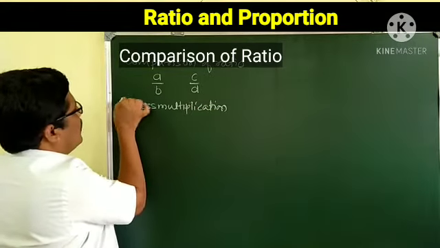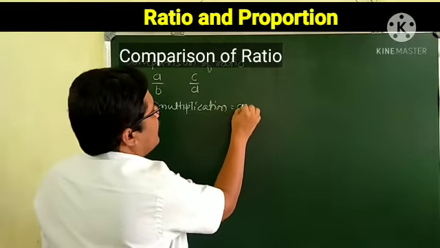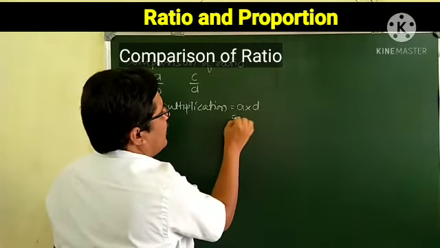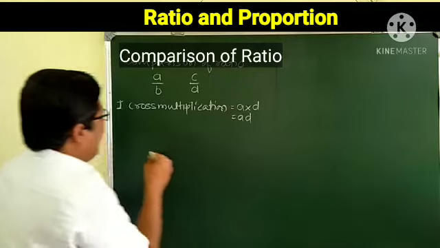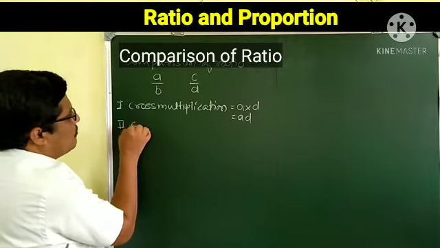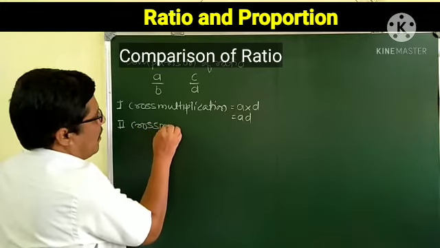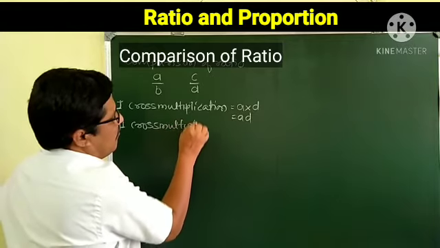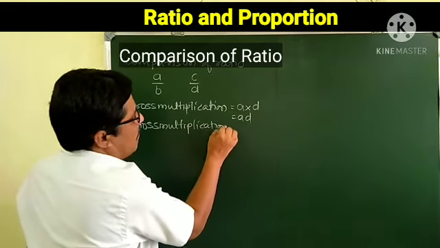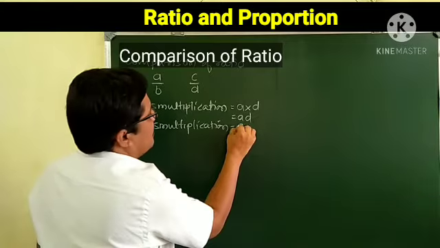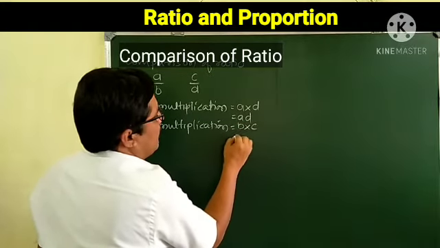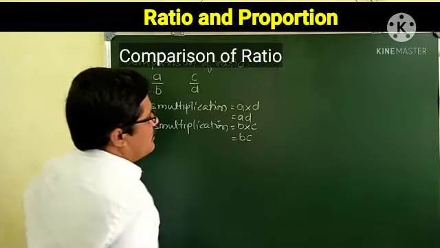First cross multiplication will be A multiplied by D, that is AD, and second cross multiplication will be B multiplied by C, that is BC.